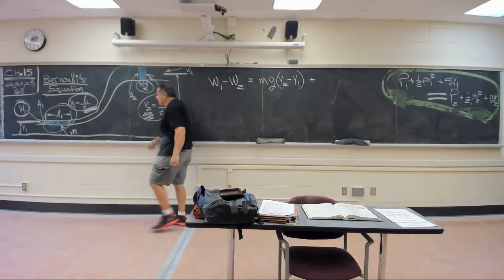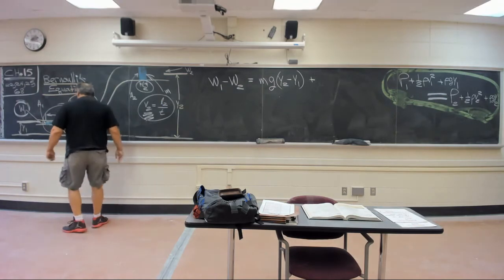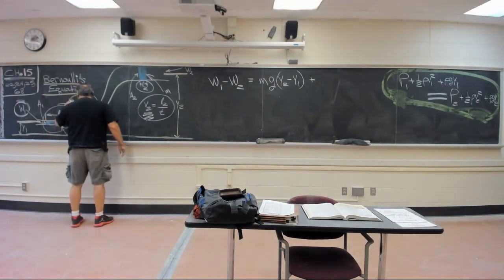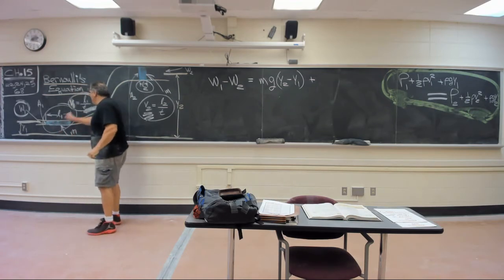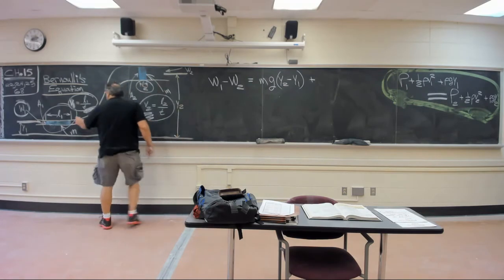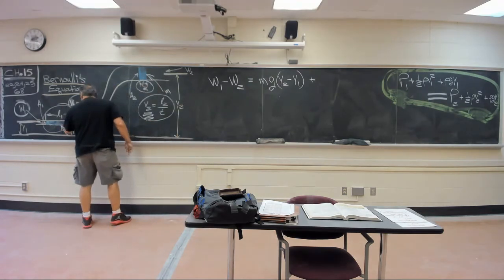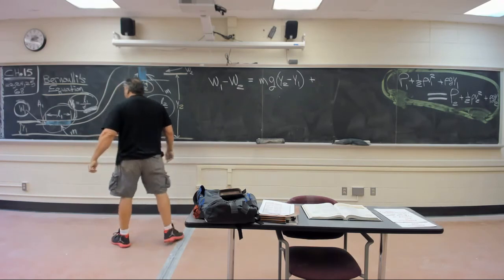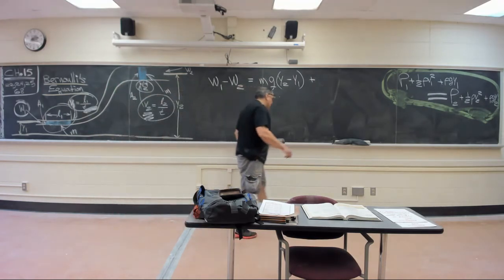Then what happened here? Yeah, the kinetic energy changed, guys. This guy was going faster. My gut feeling is V1 is faster. V1, associated with this guy, is faster than V2, associated with that guy. What does that mean?